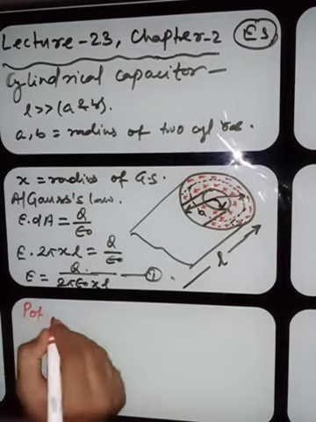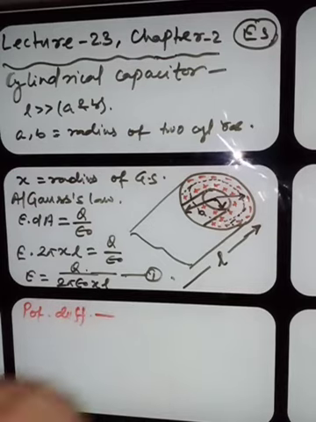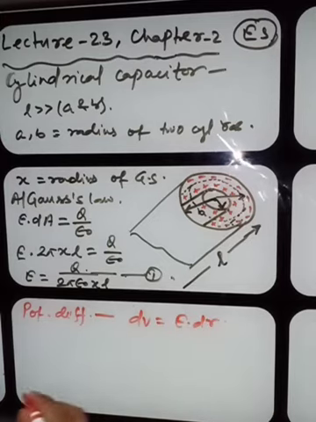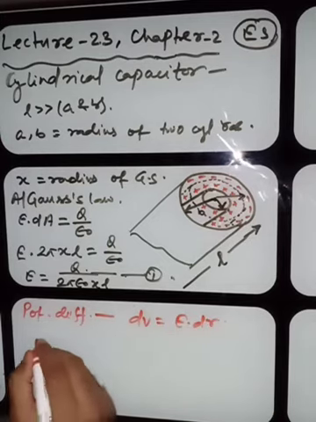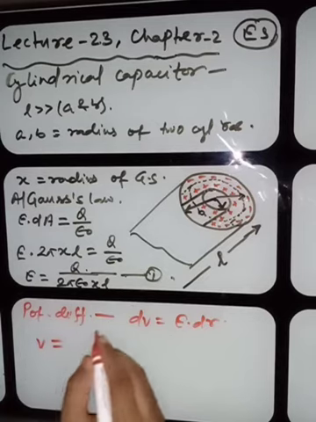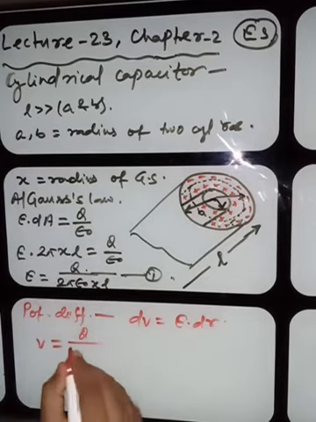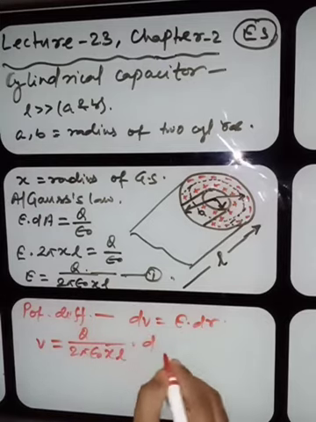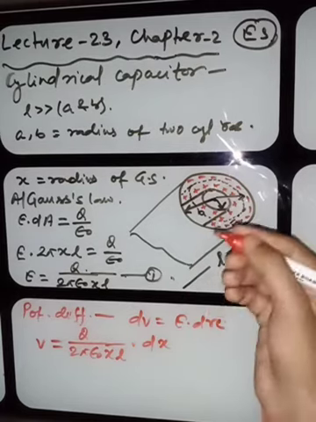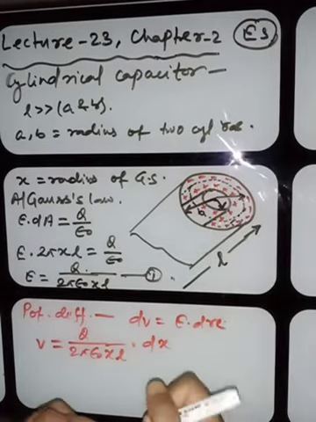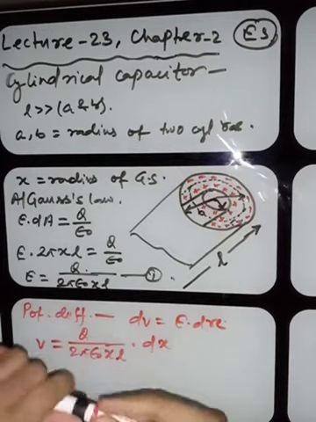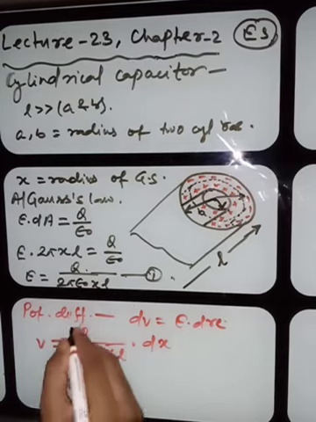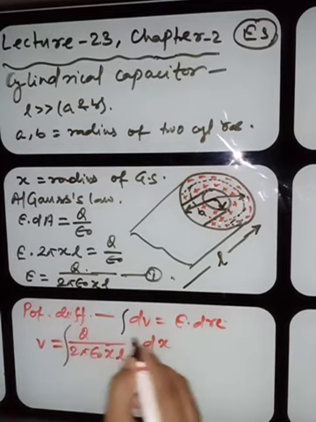We can write dV is equal to E dot dr. So the integral of dV gives V, and E is from equation 1, Q by 2 pi epsilon naught x L, into dx, or dr. You can write here dx or dr.